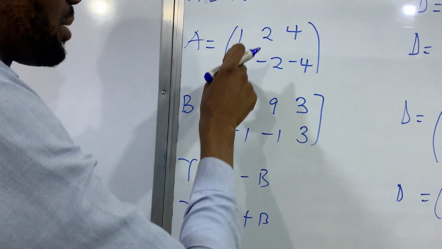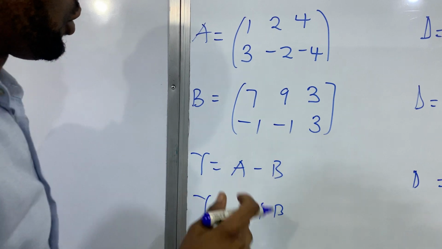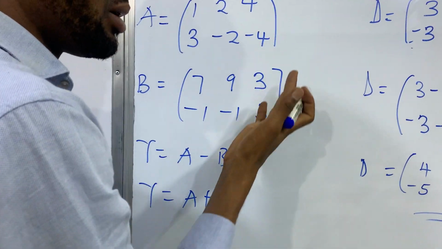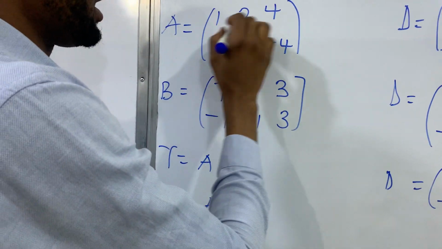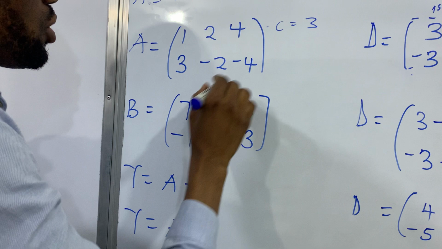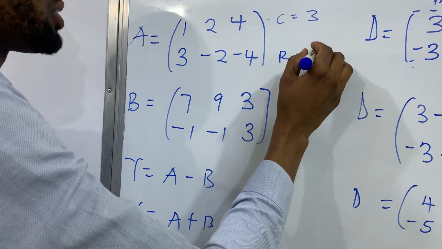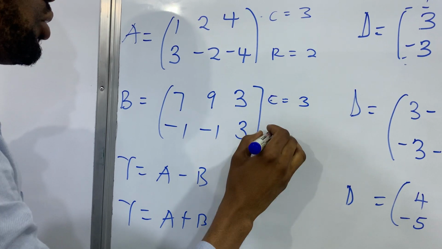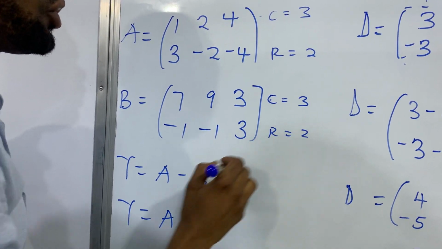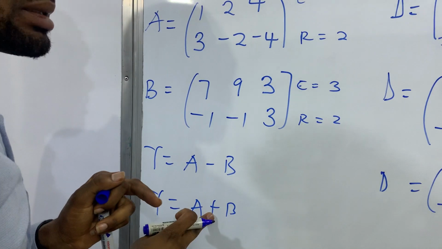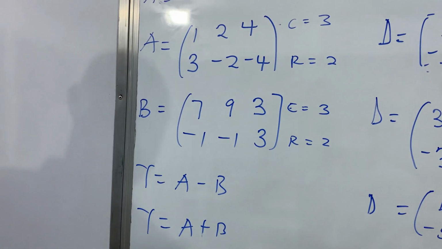The number of elements that make up the row is 2. We come to matrix B, the number of elements that make up the column is what? 3 elements. So column elements C is 3. Row elements R equals 2. When we come here, column elements equals 3. Row elements R equals what? 2. That is only possible for minus and what? Plus.